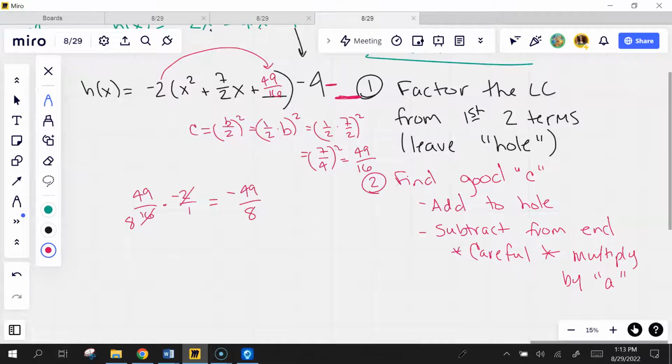Okay, if you don't know how to do that, take out your calculator, do 49 divided by 16 times negative 2, and then hit math, enter. 49 divided by 16, multiply it by negative 2, and then math, enter.